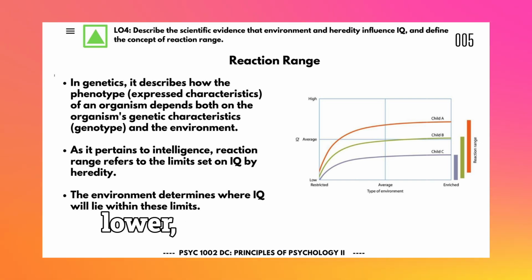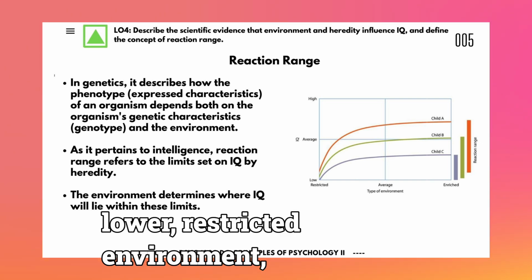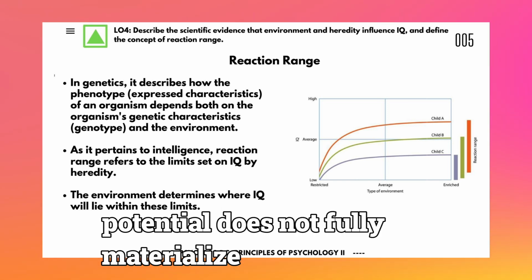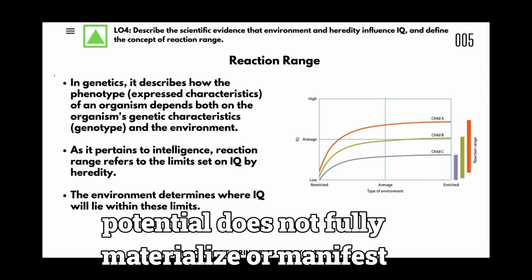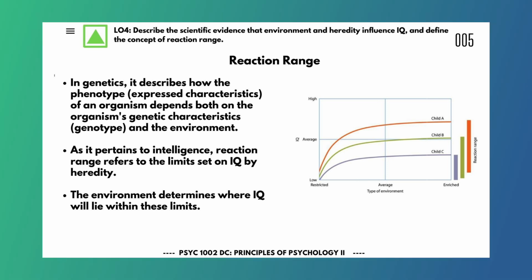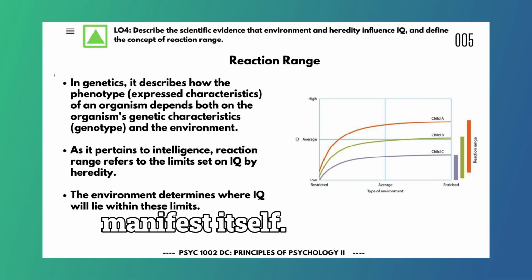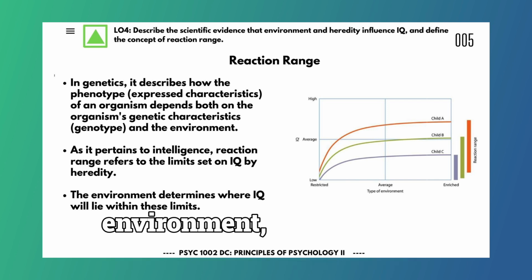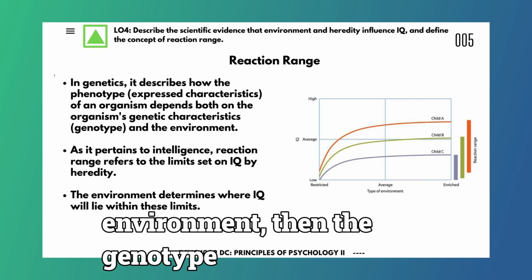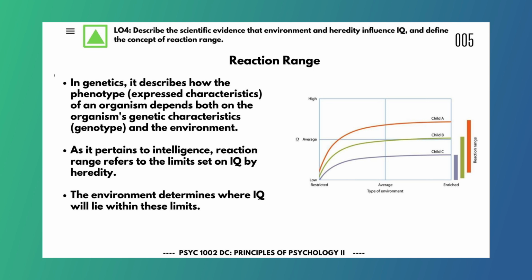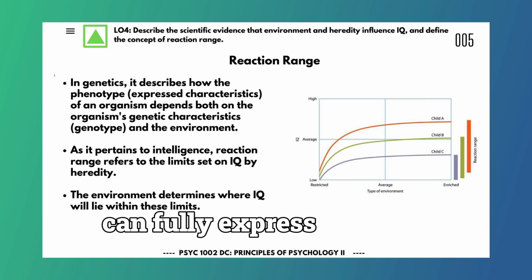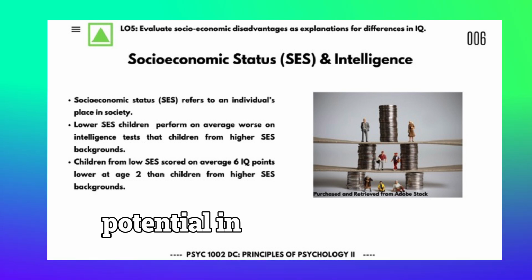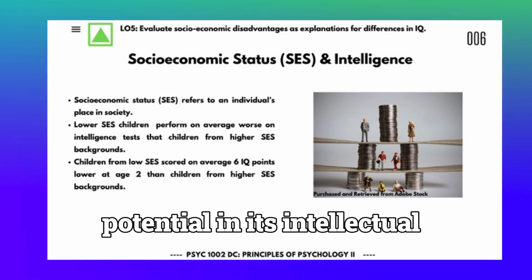In a lower, restricted environment, the genetic potential doesn't fully manifest itself. But if the child is raised in an enriched environment, then the genotype can fully express, and the child can fully express their potential and intellectual abilities.